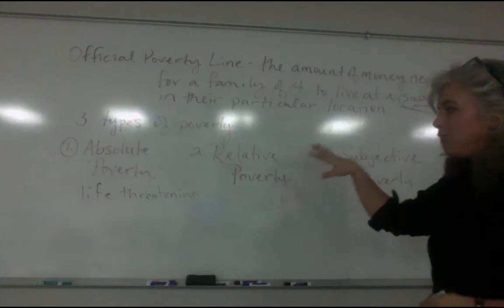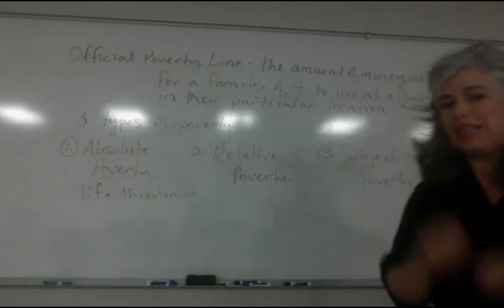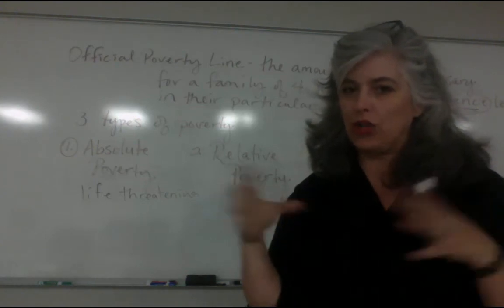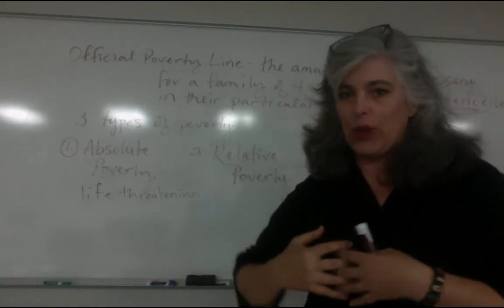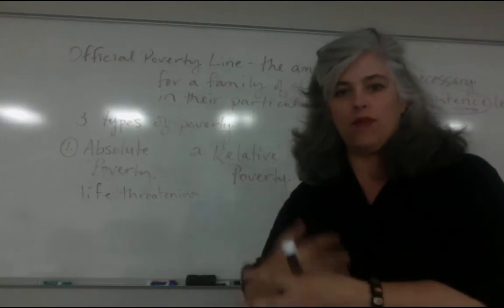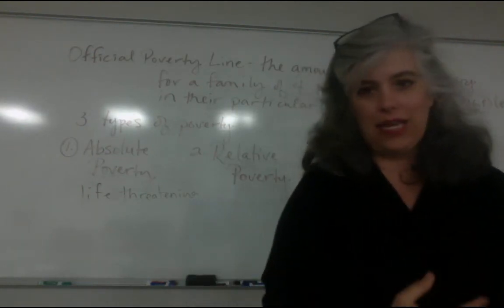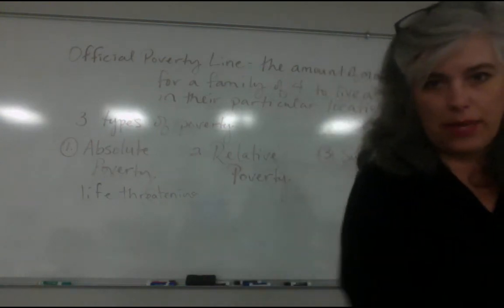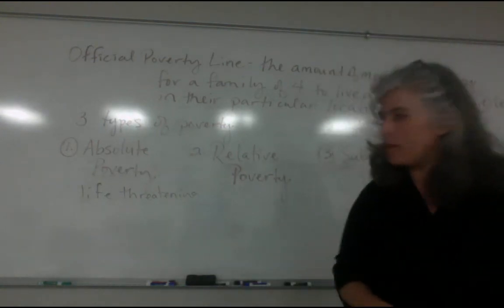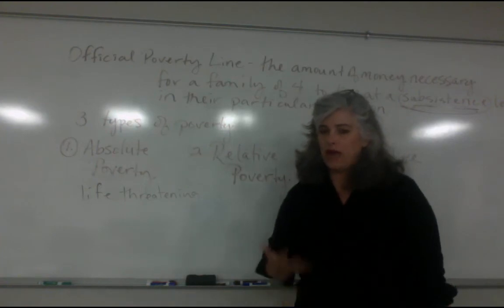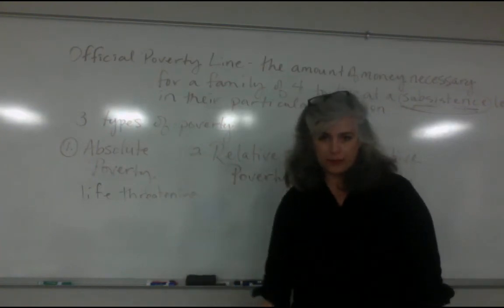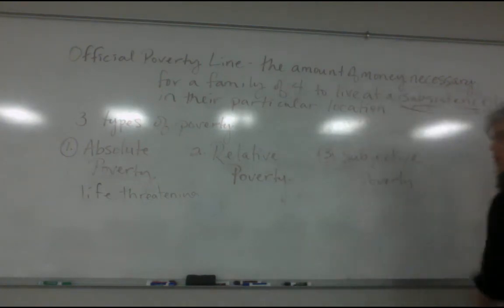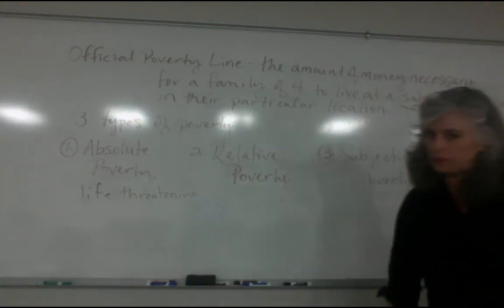Those are 4 or 5 of the significant issues that you're going to have to be able to combine your knowledge of these things into an explanation of life, analyzing a scenario or a description from a life experience of somebody and determining, are we talking about somebody whose life chances put them in absolute poverty, somebody whose life chances put them in relative poverty, or somebody whose life chances put them in subjective poverty.